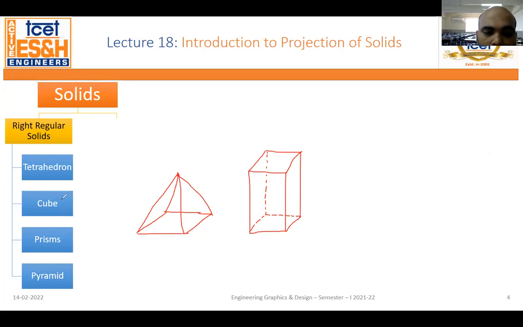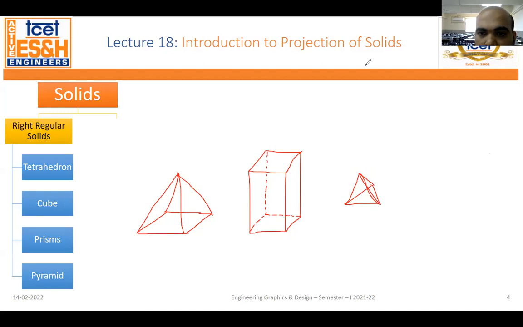Cube, you are already aware of. Tetrahedron: on all sides you have a triangle.